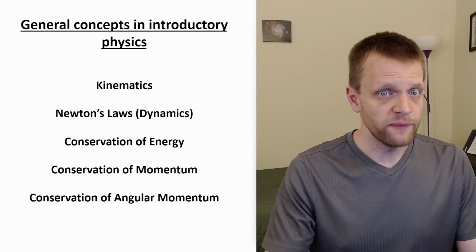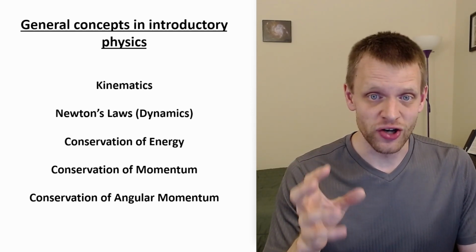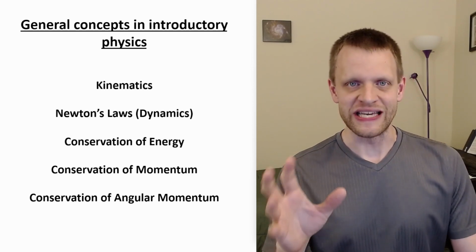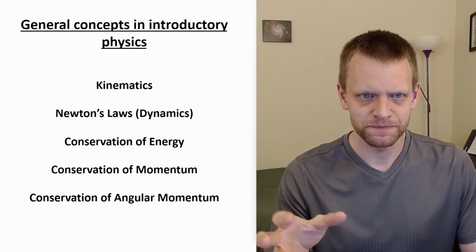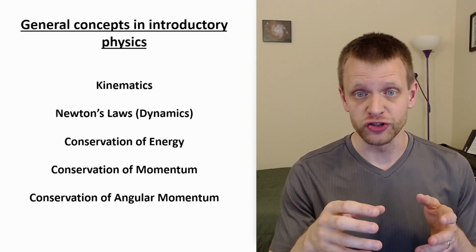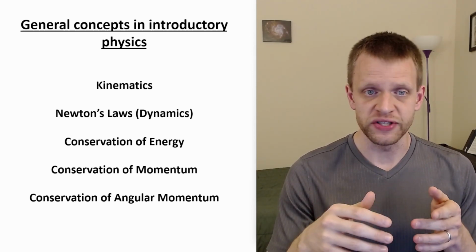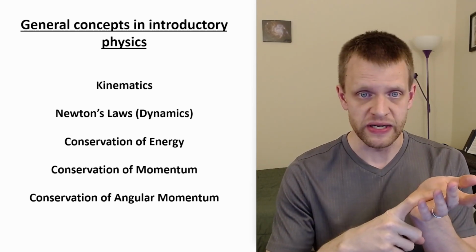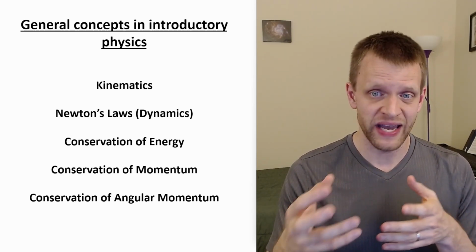And I want to emphasize that this is certainly not an exhaustive list of all key principles that come up in physics. For example, in thermodynamics, in addition to conservation of energy coming up a lot, we also need to consider concepts of entropy and other concepts in statistical mechanics.